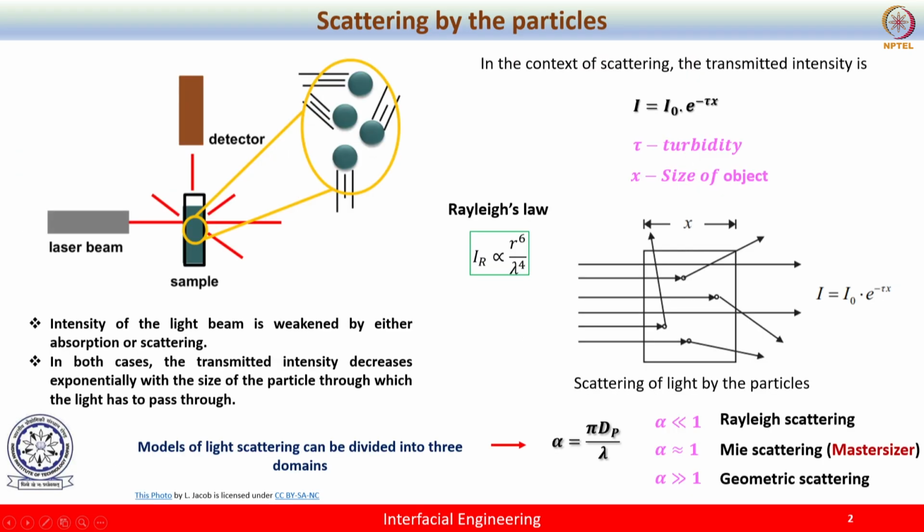Here, scattering by the particles. How the scattering works is, if you have a sample containing a suspension of particles, the smaller particles fluctuate more, so the scattering will be more in that case.